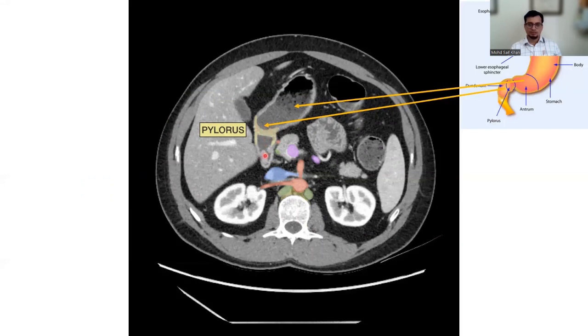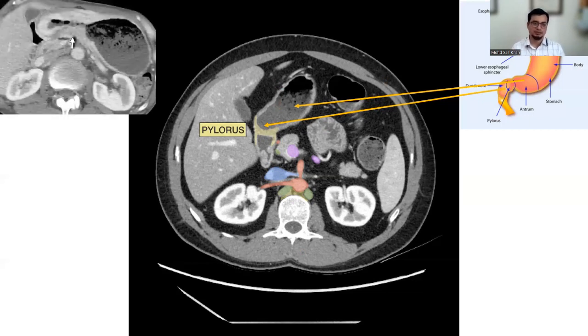Okay, and sometimes you may see that the pylorus is becoming more thickened, more muscular, which might cause gastric outlet obstruction. So in cases of gastric outlet obstruction, you would see the pylorus is thickened, and there will be increased size, enlargement of the stomach, mega stomach, like that can be seen here.